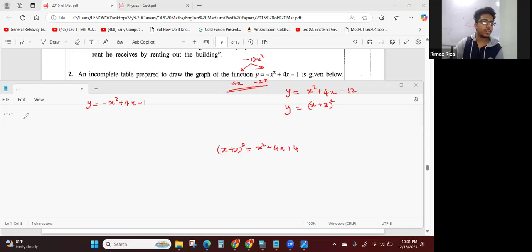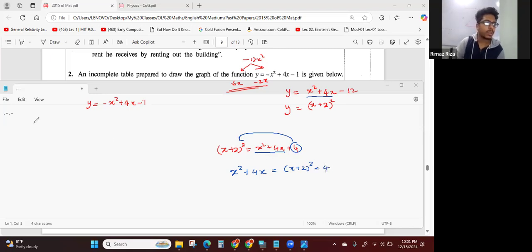Okay, so here you can see we have x squared plus 4x nicely coming. So I want just x squared plus 4x. For that, I take this to the other side. Therefore, x squared plus 4x equals x plus 2 squared minus 4.